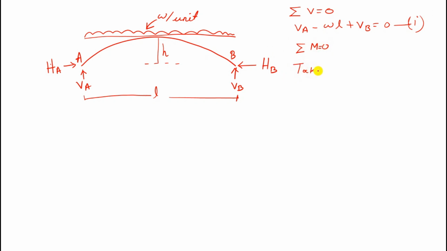So taking moment about the point A, so VB into L minus W L square by 2 equals to 0.